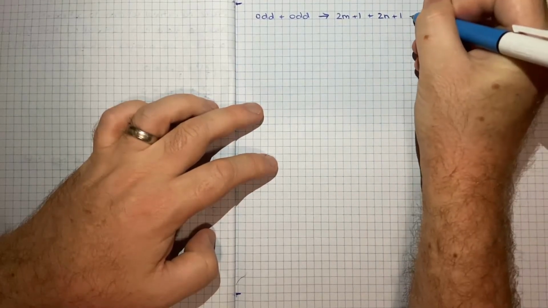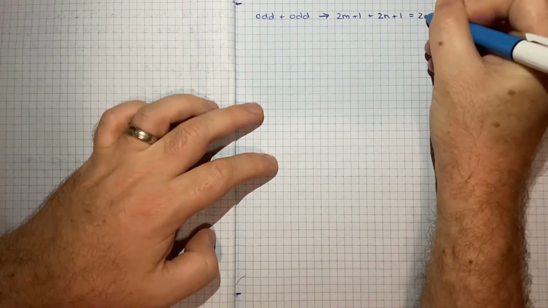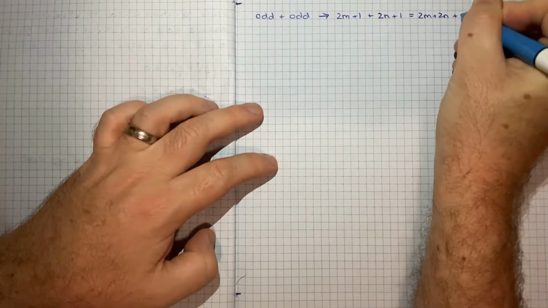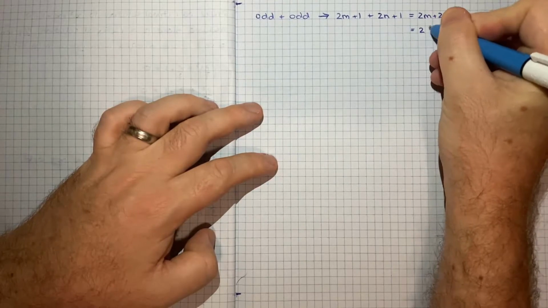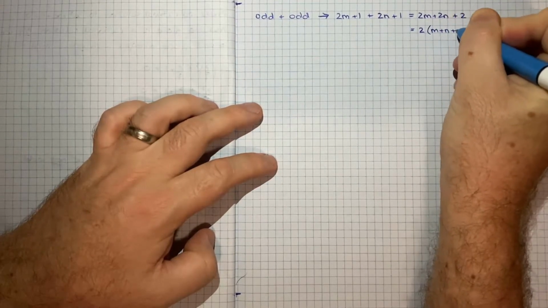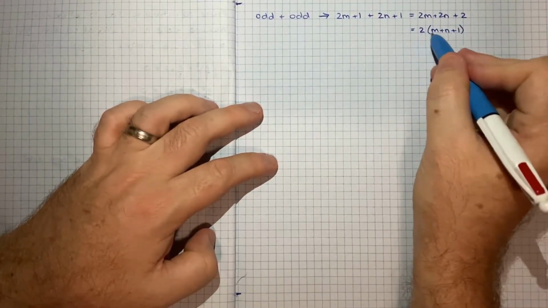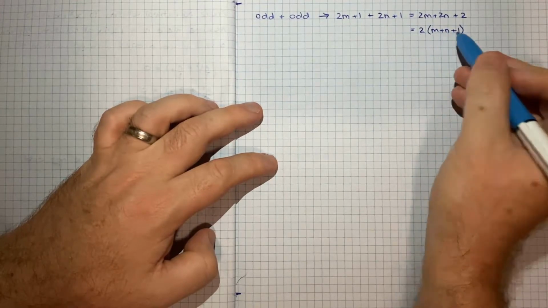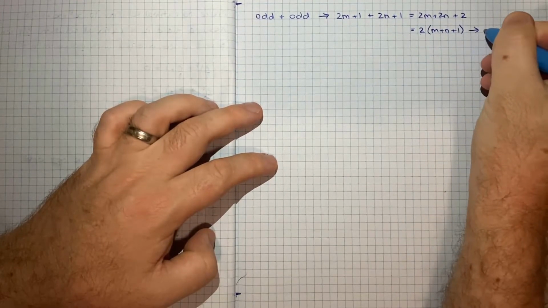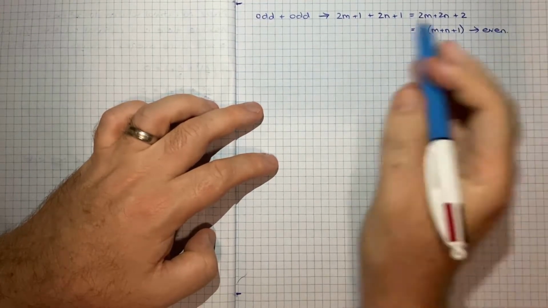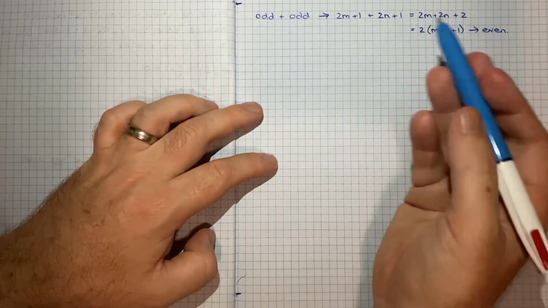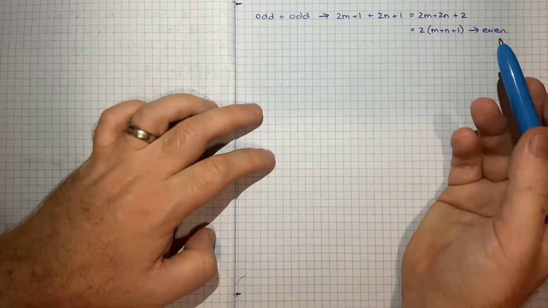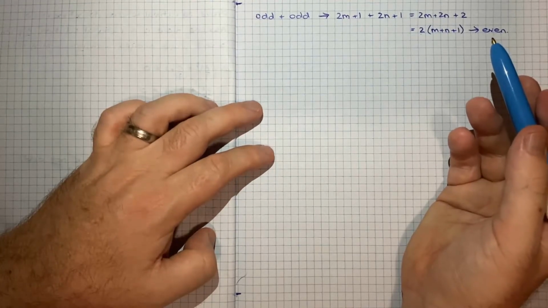And that itself would be 2m plus 2n plus 2, since 1 plus 1 is 2. So I could write that as 2(m plus n plus 1). So we've got 2 times an integer, since m and n are integers, so that's even. So if you take an odd number and you add an odd number, you get an even number. That's result number 1 that we might want to make use of.